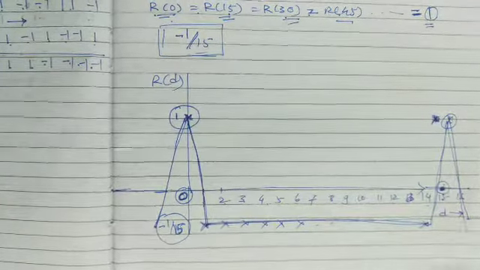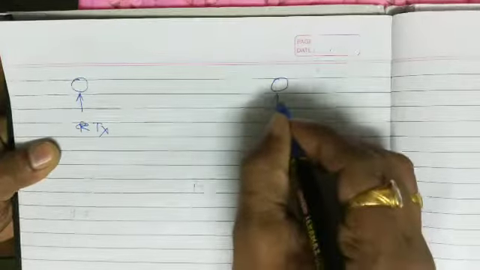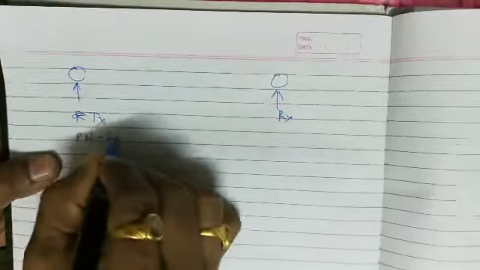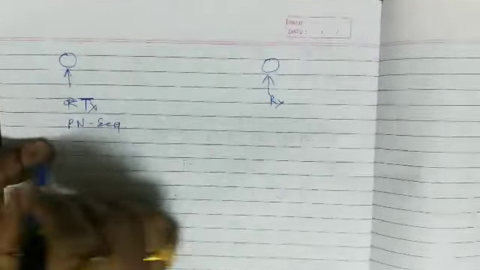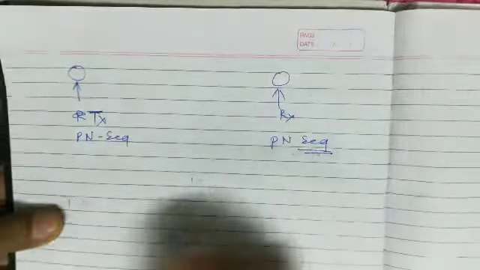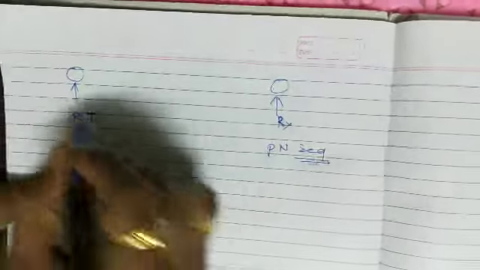It means that if we have a transmitter and suppose this is a receiver, then whatever PN sequence we use at the transmitter side, the same PN sequence we need to use at the receiver in order to recover our signal.